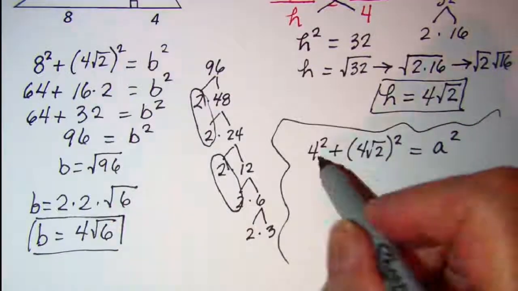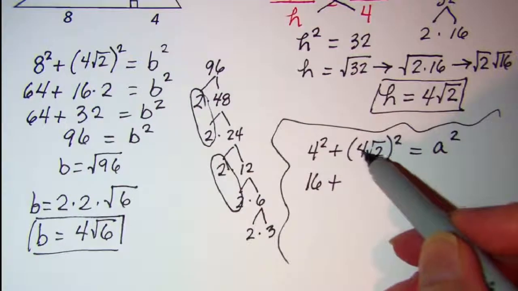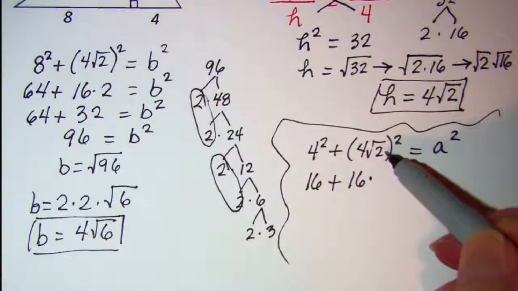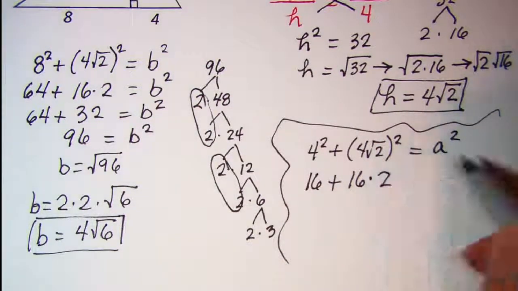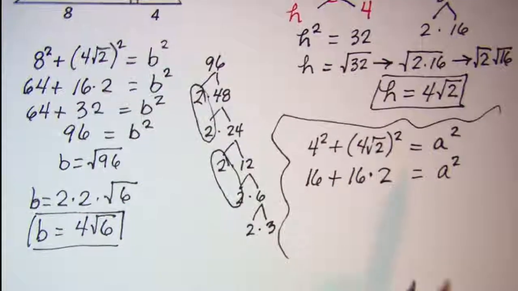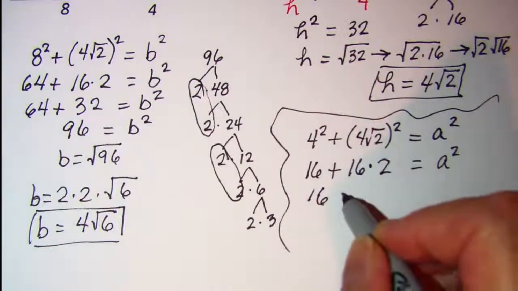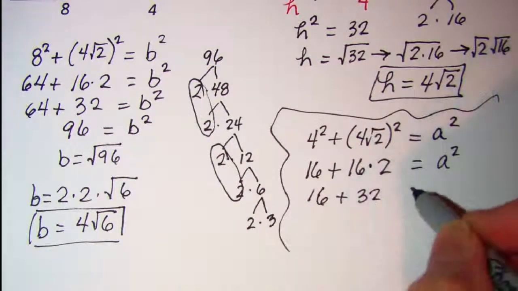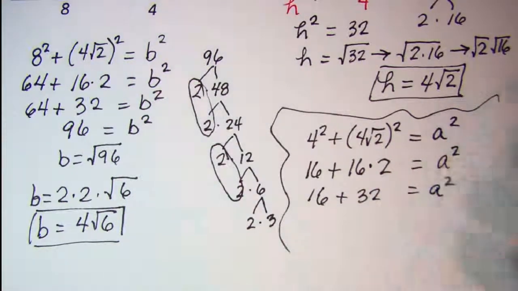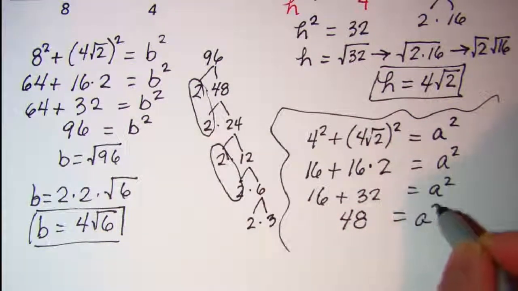All right, let's do the math. 4 squared is 16. On this one, we have to square 4, get 16, and multiply it by the square root of 2 squared, which is 2. 16 times 2 is 32, so I have 16 plus 32 is a squared. Add these together, I get 48 is a squared.